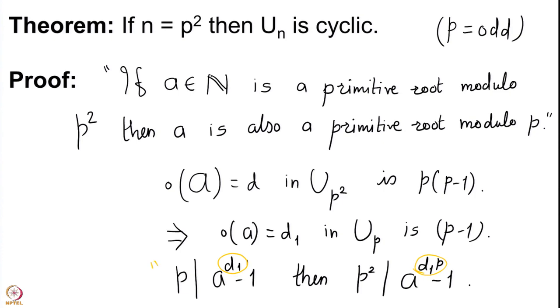So, with this exercise we have this observation that a primitive root modulo p squared is also a primitive root modulo p. Here we will want to show that Un is cyclic, U_{p^2} is cyclic. So, we will need to produce a primitive root modulo p squared, and when you look at it modulo p, that should already be a primitive root modulo p.